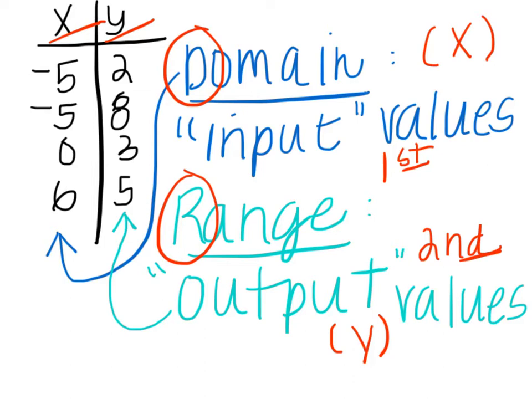Domain input and range the output. So input would be the number you substitute in, and then output is kind of like your answer. So when x is -5, y is 2. When x is 6, y is 5. So input and output.